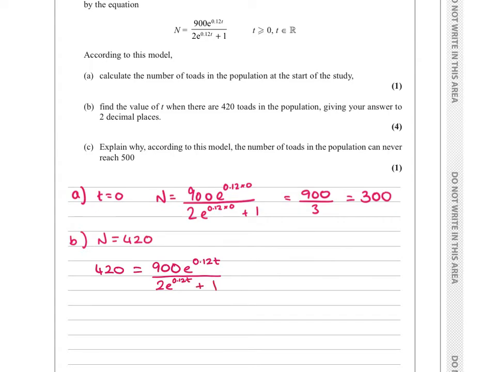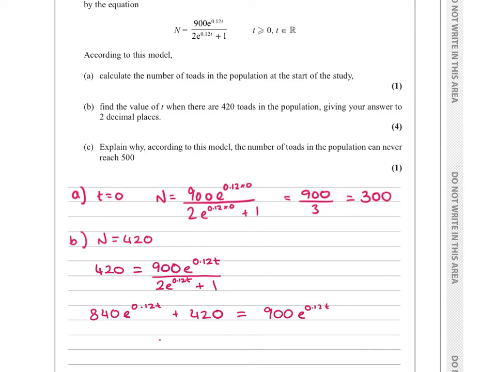I need to rearrange this. I'm going to multiply both sides by 2e to the power of 0.1t. So if I multiply both sides, I'm going to get 840e to the power of 0.1t plus 420, because I've multiplied it, brought it up and multiplied it, which equals 900e to the 0.1t.